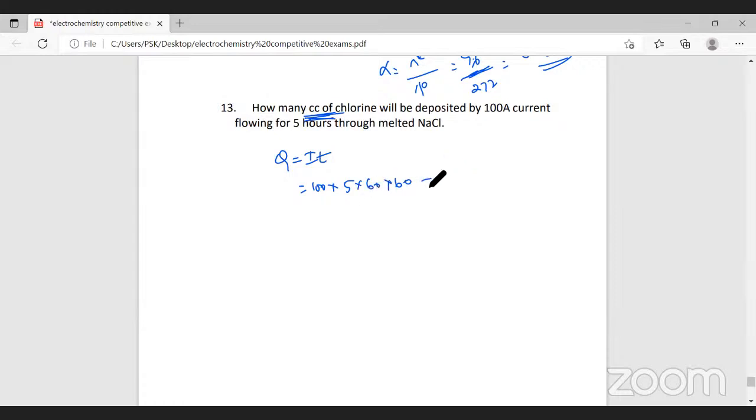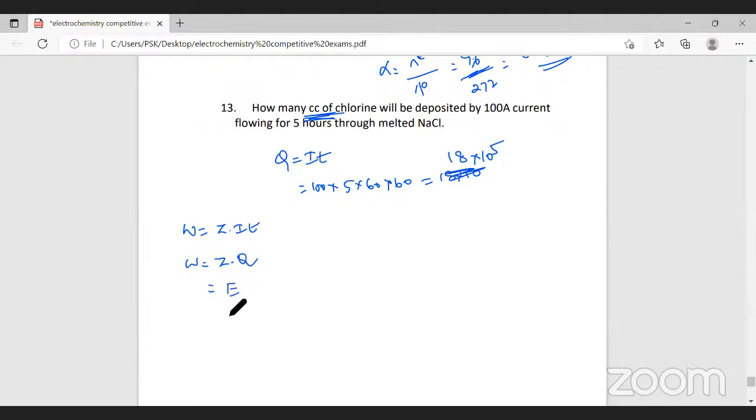So therefore, it will be 18 into 10 to the power 5. On simplification, charge will be 18 into 10 to the power 5. We know that W is equal to Z into I into T, or we can write W is equal to Z into Q. We just now calculated Q here. This is Faraday's first law. Now what is Z?